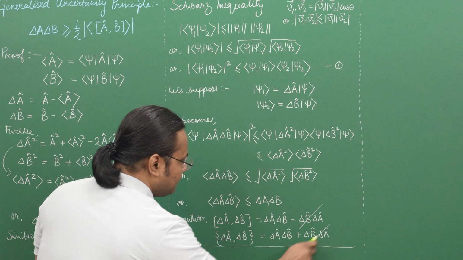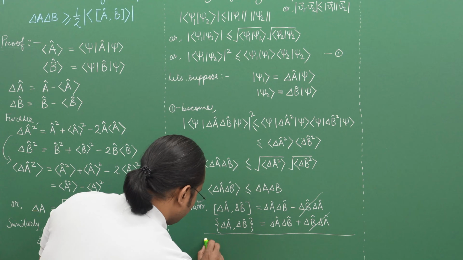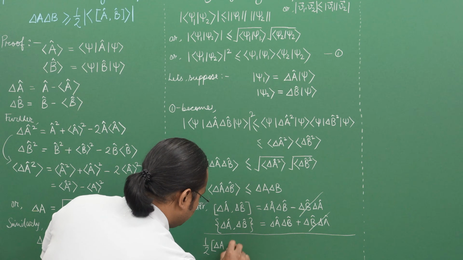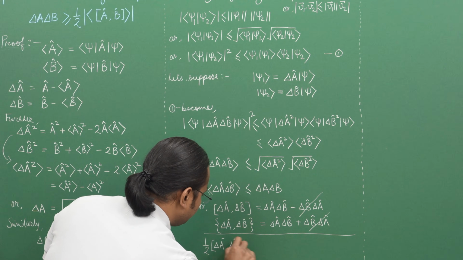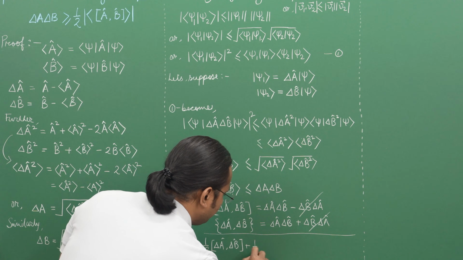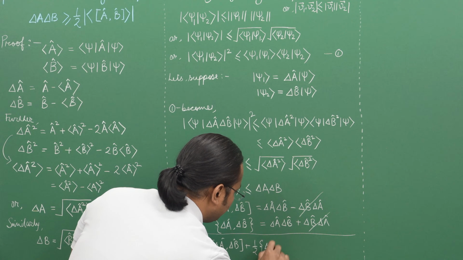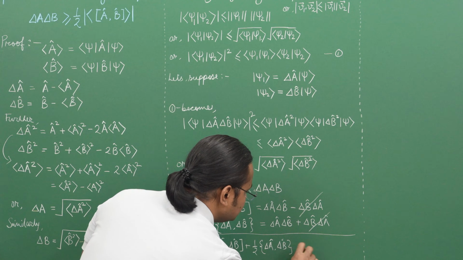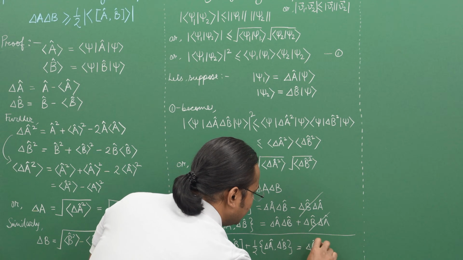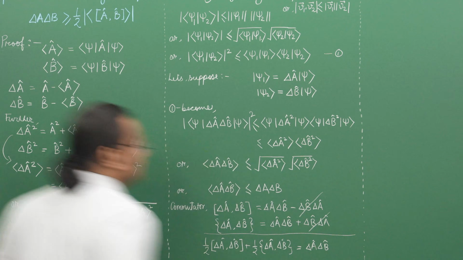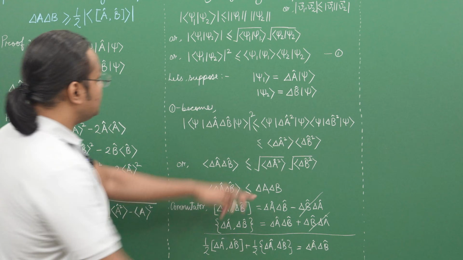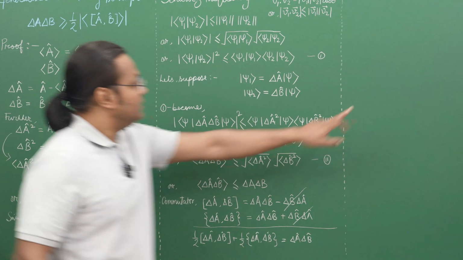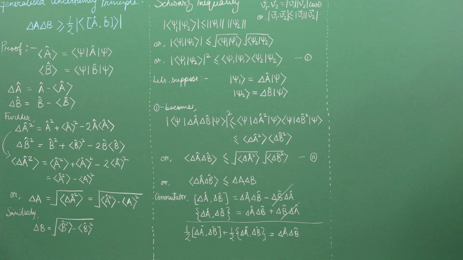This will get cancelled and I will be left with half commutator of del A del B operators plus half anti-commutator of del A del B operators is equal to del A del B. Let's keep it here. Let's say this is point number 2 and let's use this in the right hand side and calculate further.